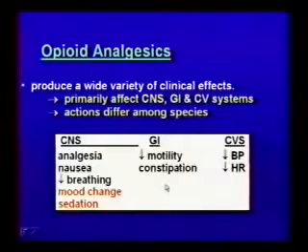The opioid analgesics in general can produce a wide variety of symptoms and effects in animals. They are not just purely analgesics, and I've tried to indicate that here. When you think of opioids, you should think of their actions in the central nervous system, as well as the GI tract, as well as the cardiovascular system.